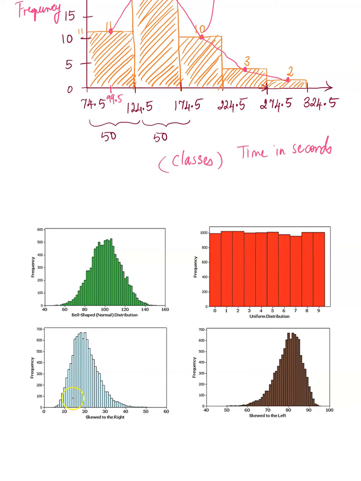But here the bulk of it is on the left, and the right tapers more. And in the brown graph, it's the other way around. The bulk of the data values or the bars lie on the right end, and the left end tapers off. So we call this skewness. It's gone askew, right? So we talk about that in these graphs.